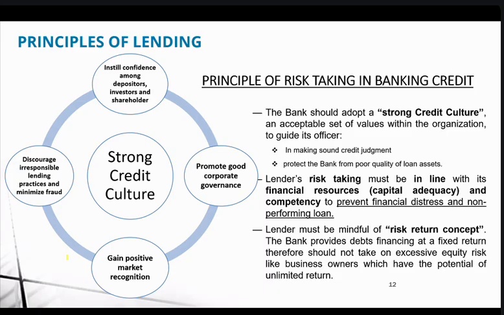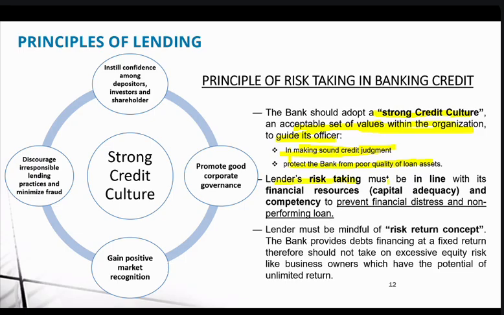Next one, the other mandatory topic that will come up in the exam, is the principle of risk-taking in banking credit. The bank should adopt a strong credit culture, that is an acceptable set of values within the organization to guide its officers in making sound credit judgment and protect the bank from poor quality of loan assets.